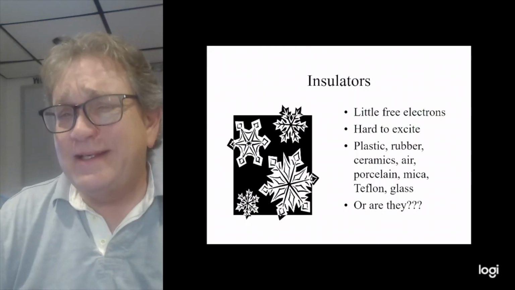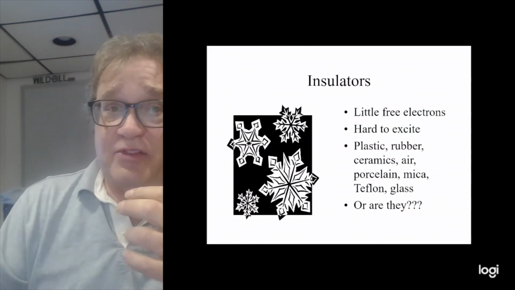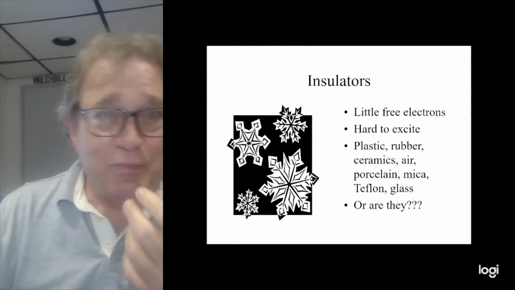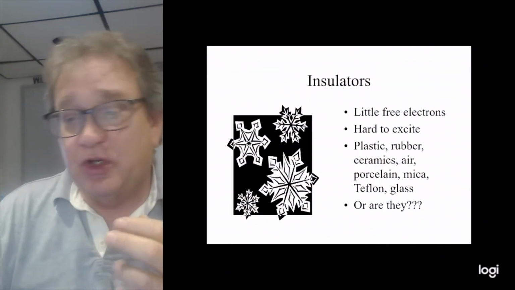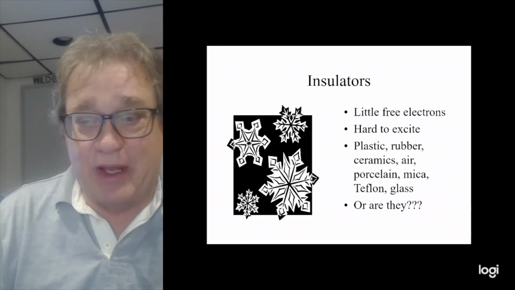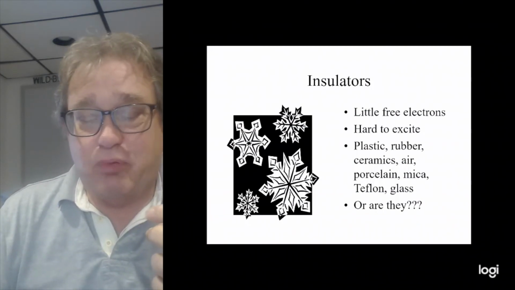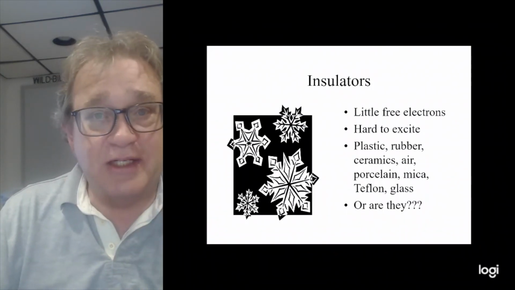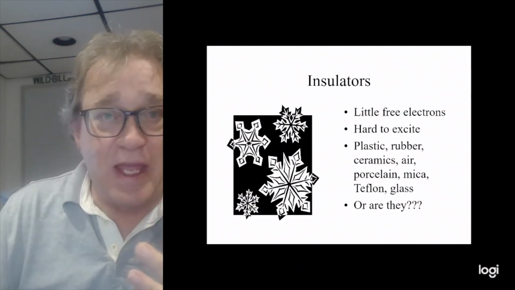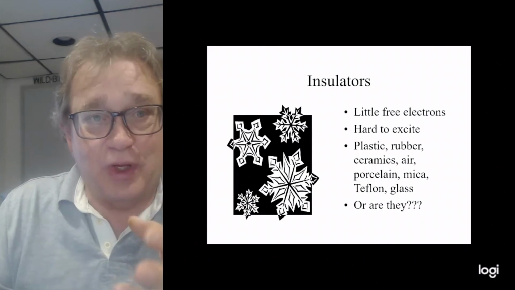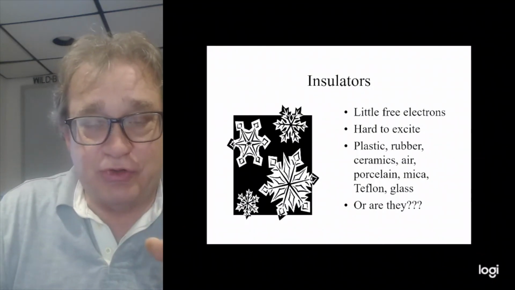Now, insulators. Now, this has few free electrons, so it's hard to excite. So, some types of insulators are rubber or ceramic or porcelain, mica, Teflon, glass. Are those good insulators? Well, it depends. And again, we're dealing with higher voltage pressures.